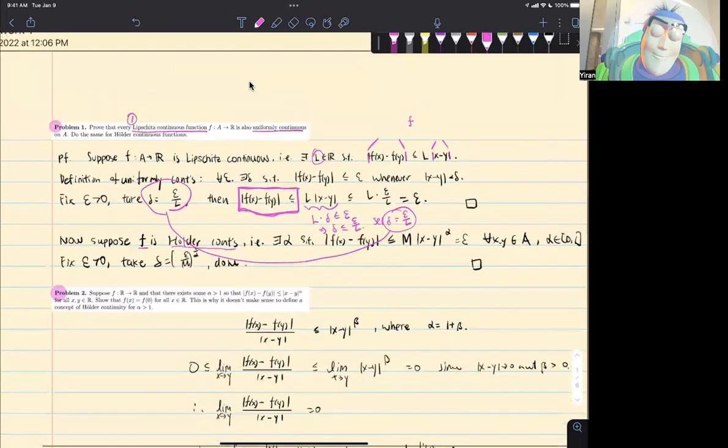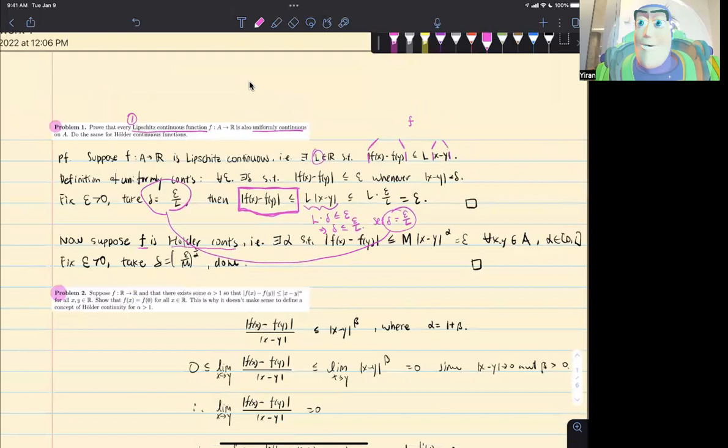So I want to clarify that when we say a function is continuous, we first mean it is continuous at a point. And if we mean that for every point in this interval f is continuous, then that means f is continuous on this interval.